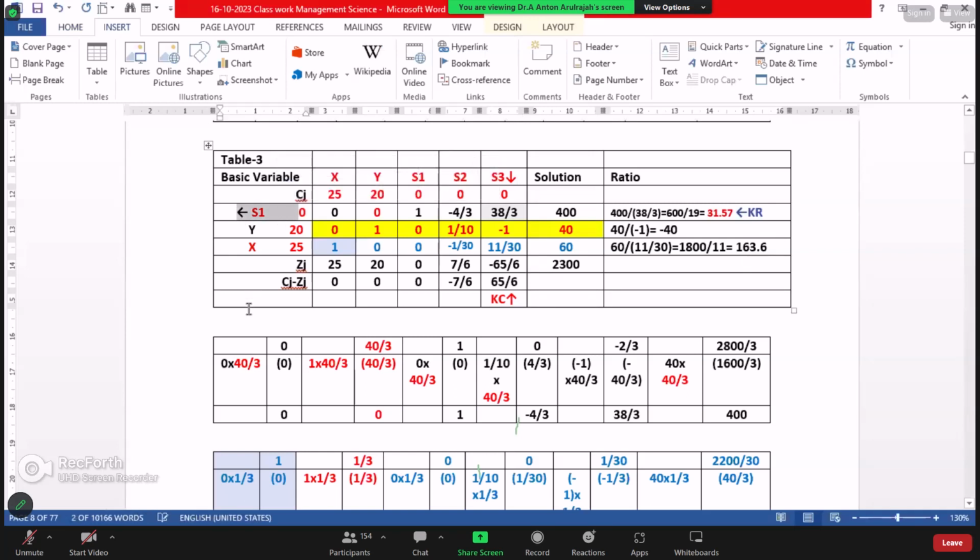Now we have identified again in table number 3 the key column, key row and leaving variable. So now we have to go for table number 4. So I copy this one again.